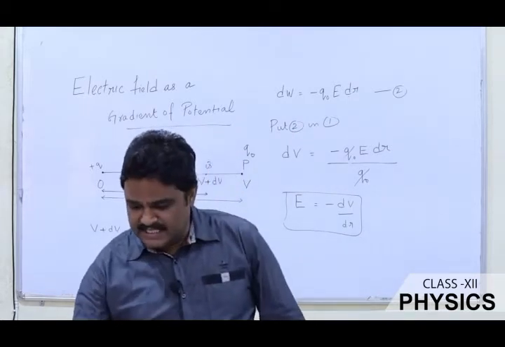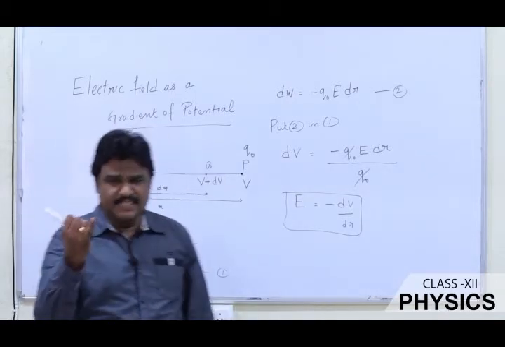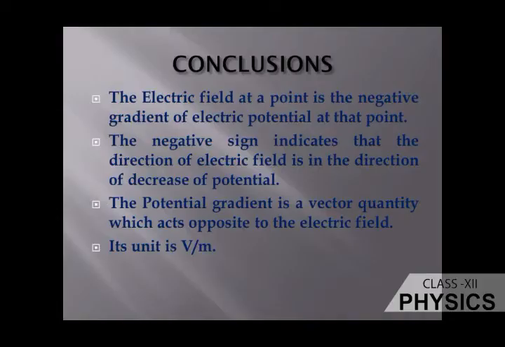Now, I am going to discuss some of the important conclusions of this expression. So, what is the first thing the expression says? The electric field at a point is the negative gradient of potential at that point.